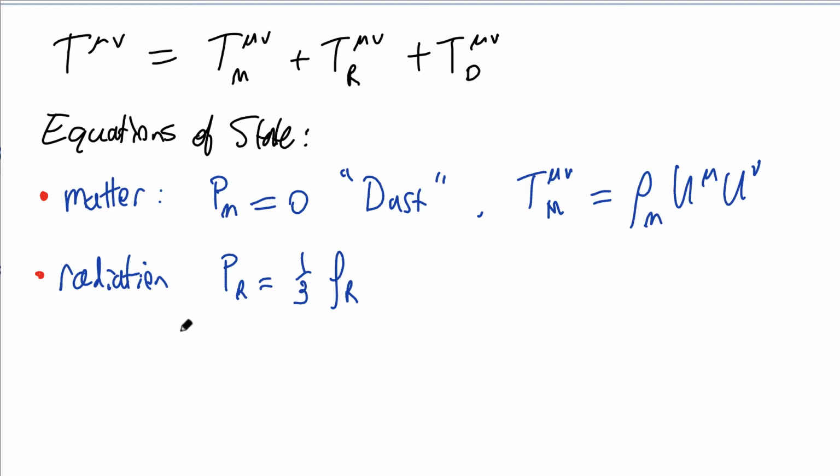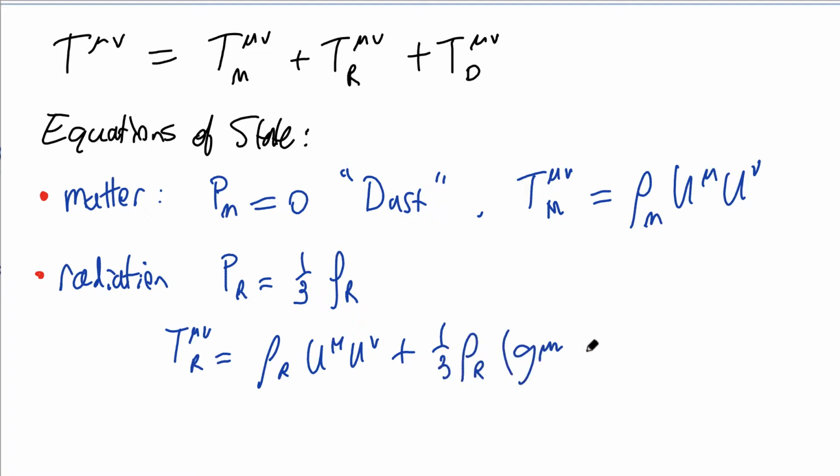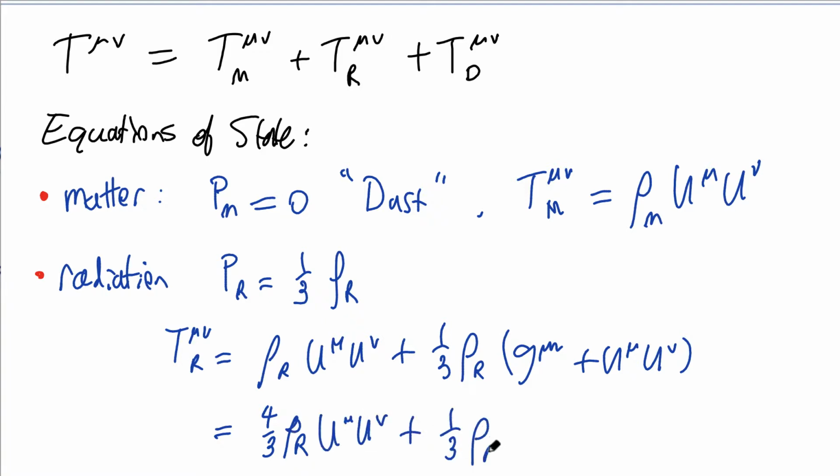So then the stress energy momentum tensor for the radiation looks like rho sub r u mu u nu plus the pressure, which is 1/3 rho sub r, times g mu nu plus u mu u nu. And this, of course, can be written as 4/3 rho sub r times u mu u nu plus 1/3 rho sub r times g mu nu.